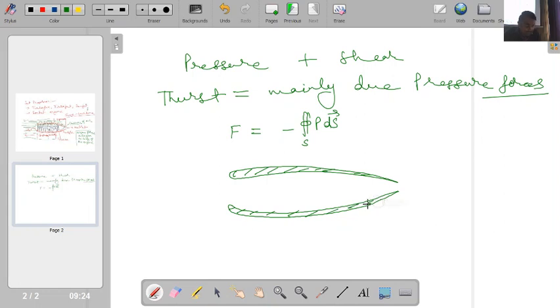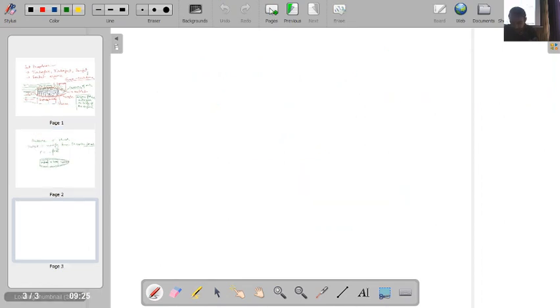Now I will say that in this portion, here I will be having compression, here I will be having combustion, and then I will be having expansion. By knowing these three major phenomena, I can actually draw the pressure distribution on this body. Okay. So let me try to draw the pressure distribution now.